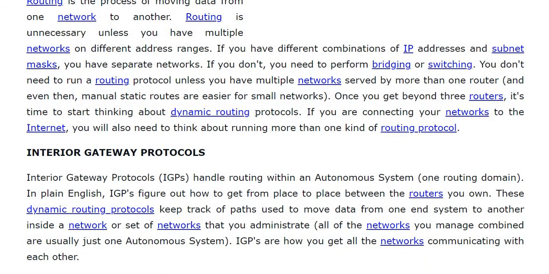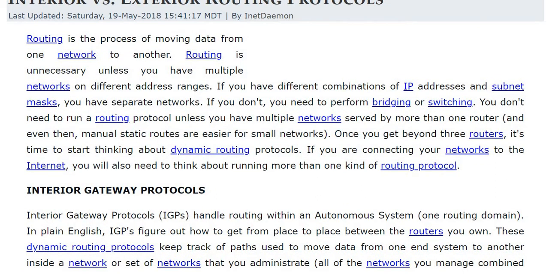Interior routing protocol and exterior routing protocol means that first, we already understand what is the working of routers.